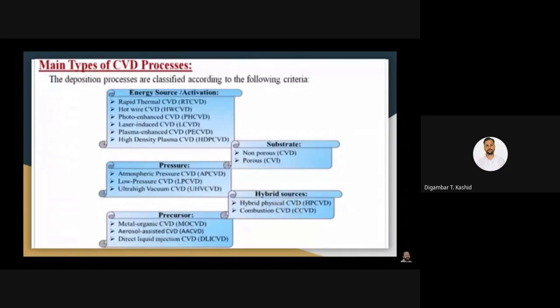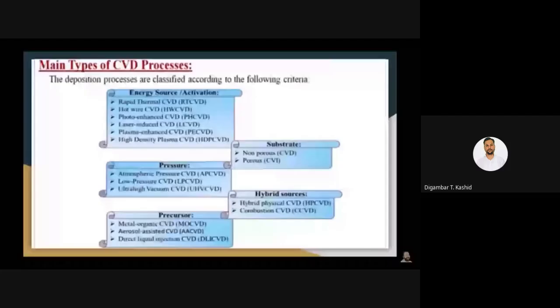Hybrid, that may be physical hybrid. Based on the irregular, in three types.